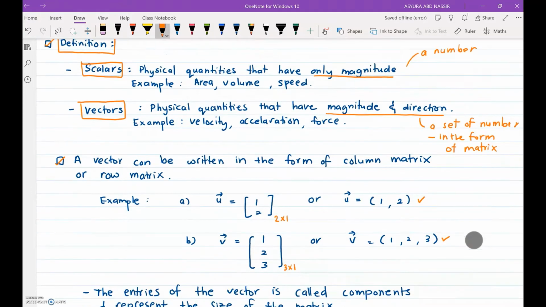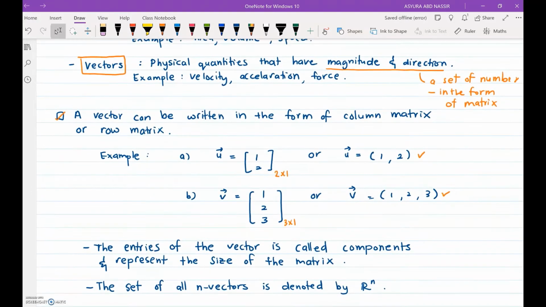Next, the entries of the vector are called the components. Each entry here we call a component of the vector. The number of components represents the size of the matrix. If you have 2 components, then it is 2 by 1.